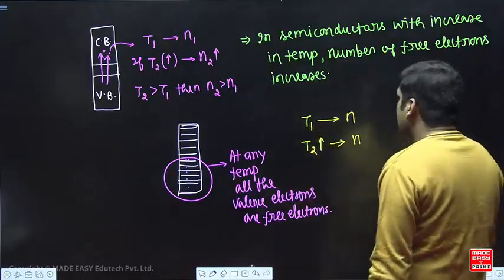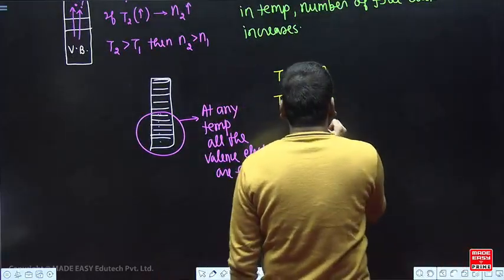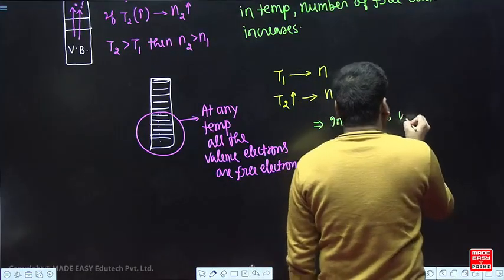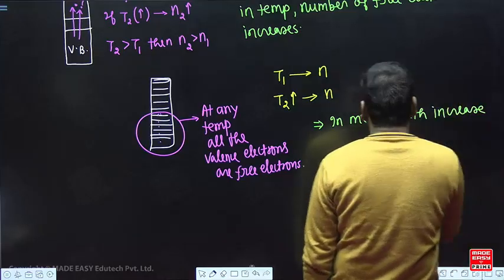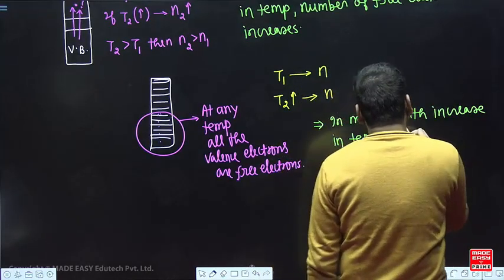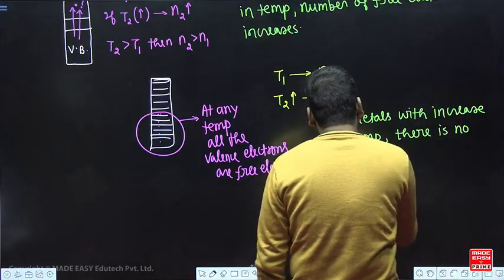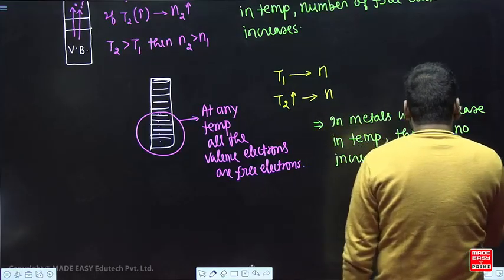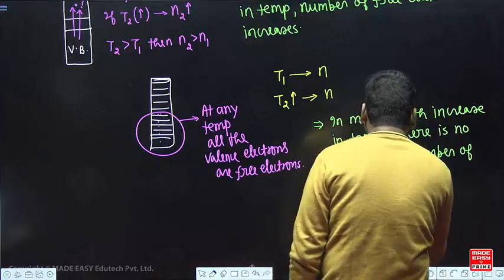So the big conclusion is that because there is no band gap, we can say that in metals, with increase in temperature, there is no increase in number of free electrons.